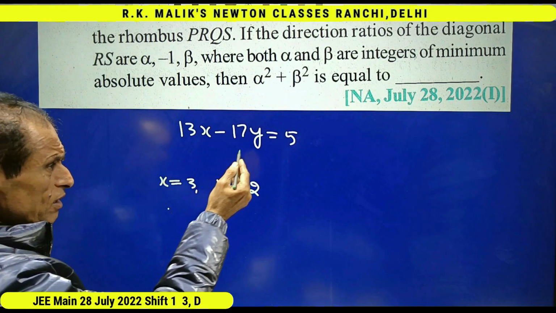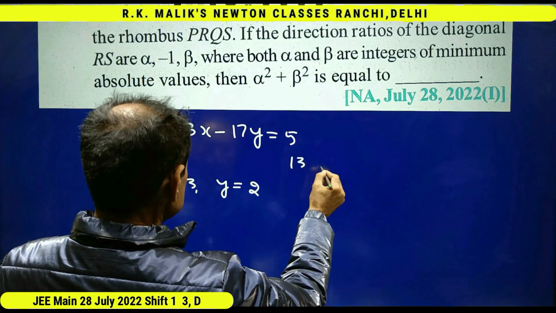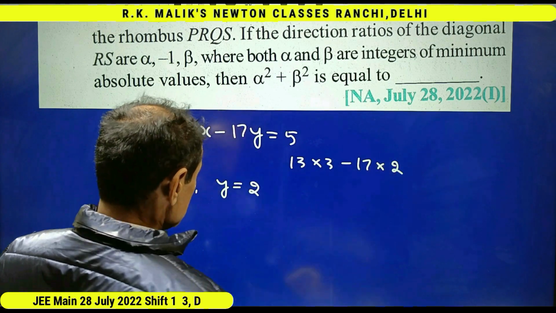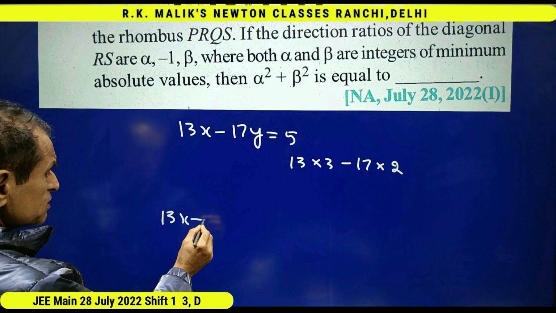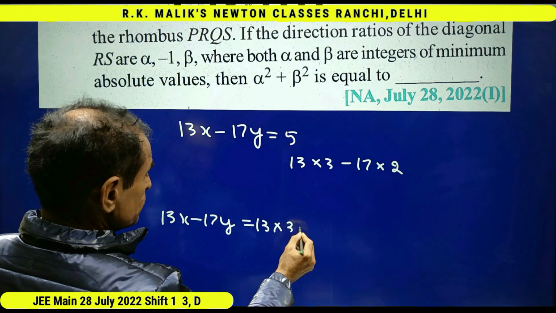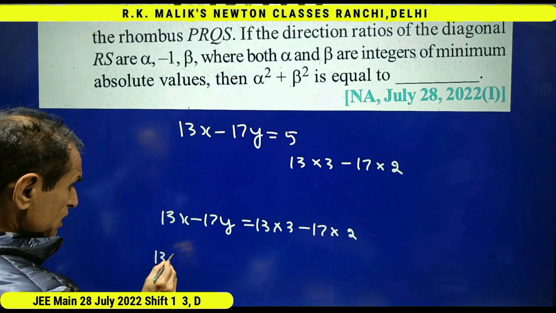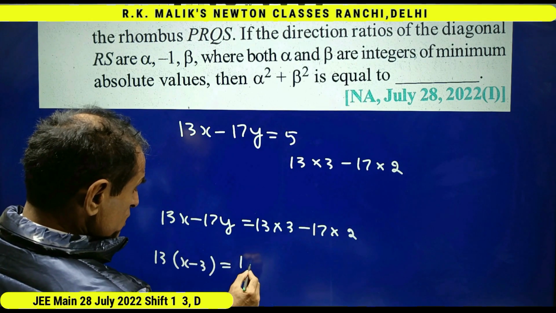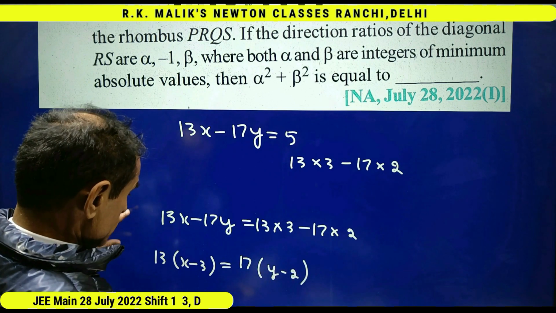How? See, write the constant term as 13 into 3 minus 17 into 2. Hence we get 13x minus 17y equal to 13 into 3 minus 17 into 2, and I get 13 into (x minus 3) equal to 17 into (y minus 2).